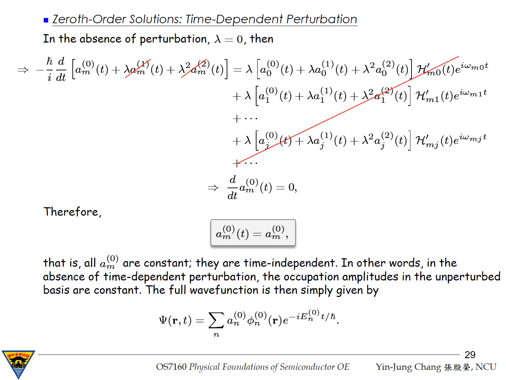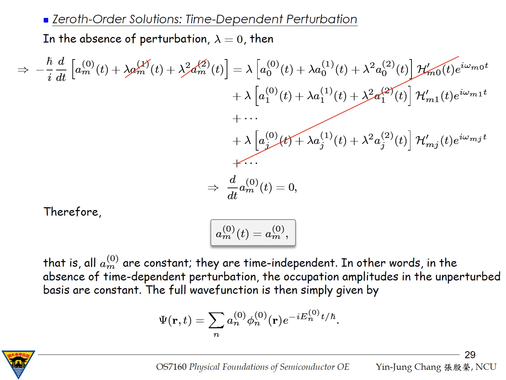So the zeroth order solution corresponds to the unperturbed system. No transitions occur among the unperturbed states, and the probability associated with each unperturbed eigenstate remains constant. In other words, in the absence of time-dependent perturbation, the occupation amplitudes in the unperturbed basis are constant.